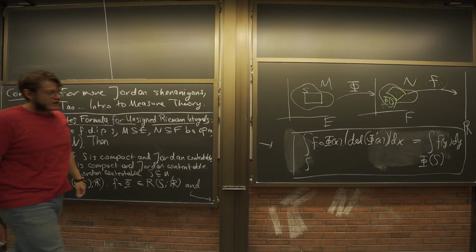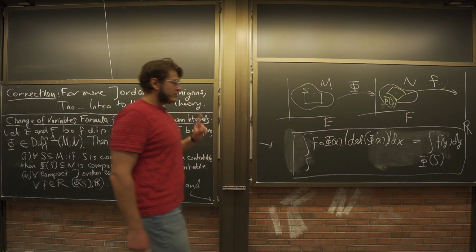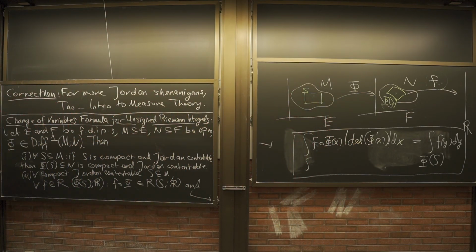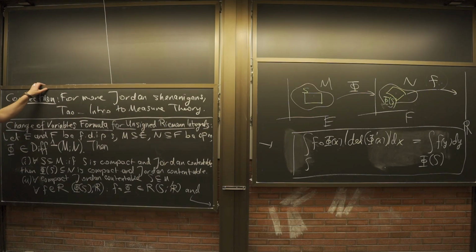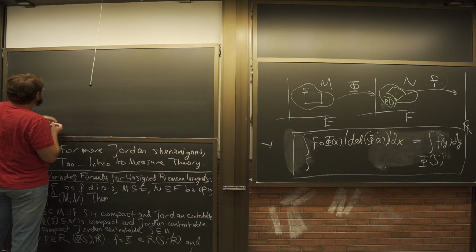And so how do I make sense of this guy? First, I'm going to leave it to you as an exercise. If you have a C1 diffeomorphism between these two open subsets, by definition, phi prime is going to be a linear isomorphism from E to F. So their dimensions are going to be the same. I'm going to leave that to you as an exercise to go through it.